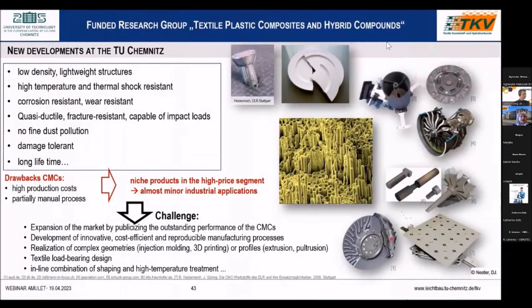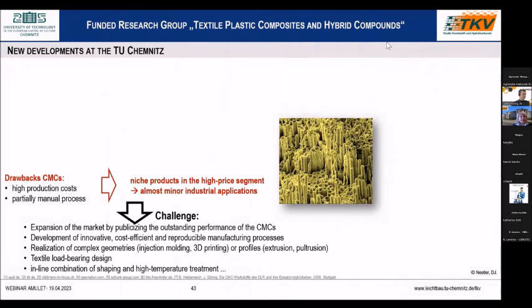At the beginning, I showed you the slide, you remember? The weak points are already incorporated now, and this is the case here. We have by the CMC maybe high production cost, and these are also often manual processes. These are niche products in the high price segment, almost medium industrial applications. And so the following tasks arise, which we will address.